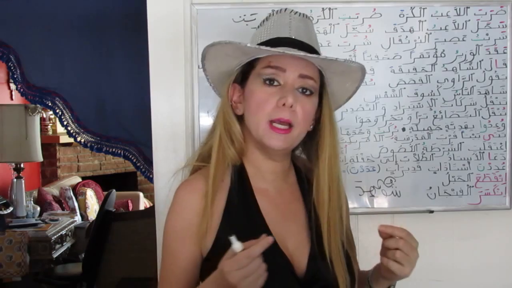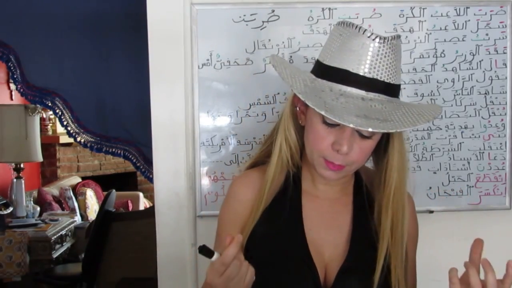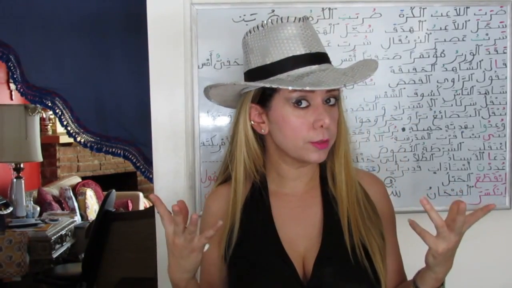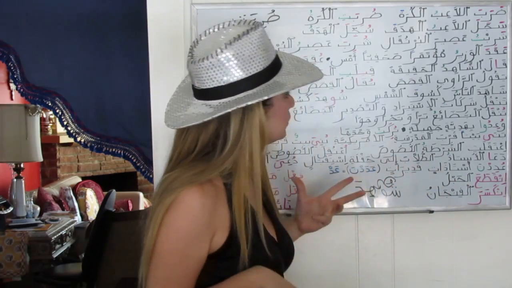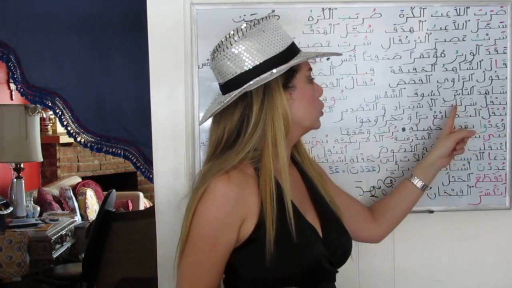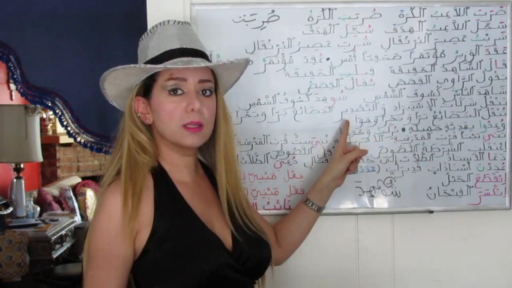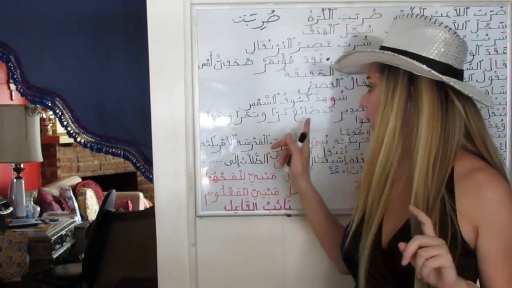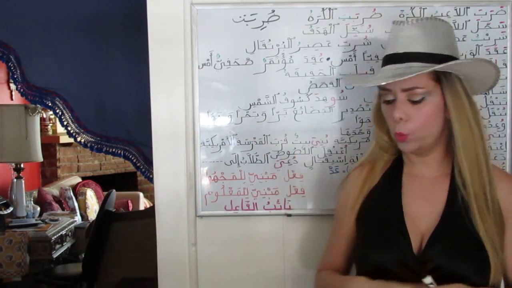So shahada an-nasu kusufa ash-shamsi. People watched the solar eclipse. So the solar eclipse was watched. Okay? تنقل شركات الاستيراد والتصدير البضائع برا وبحرا وجوا.